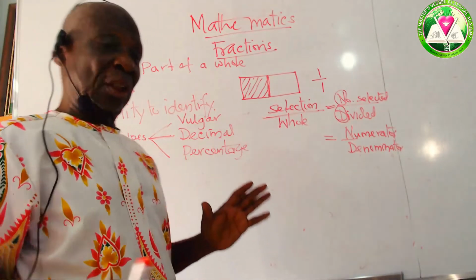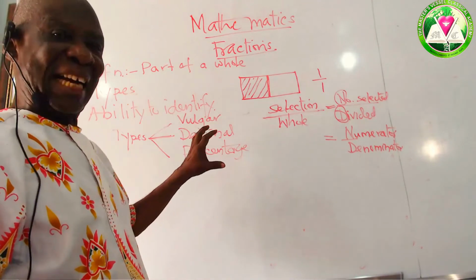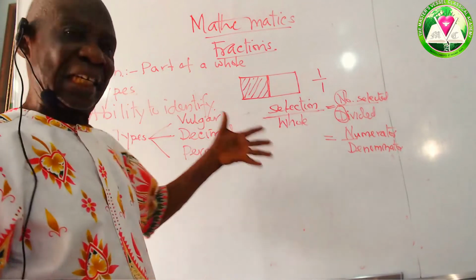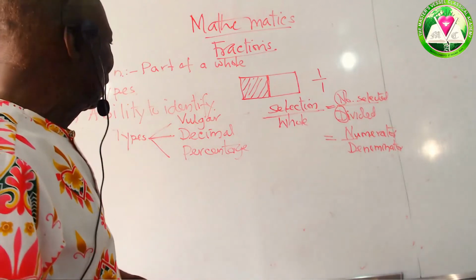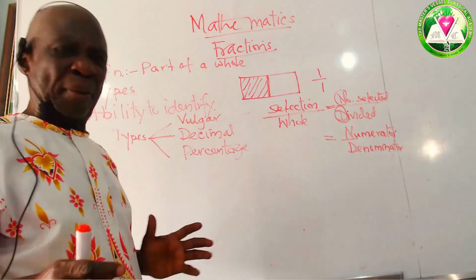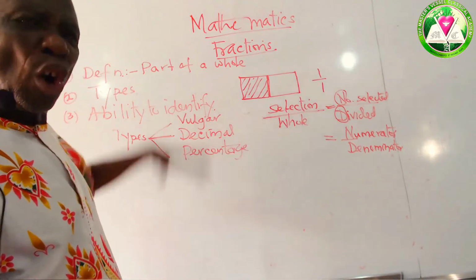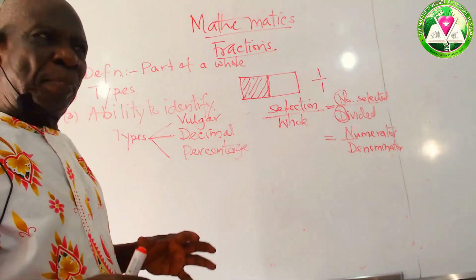The whole fractions in types can be broadly expressed as vulgar fraction, decimal fraction, percentage fraction. Now, because it's a very wide topic, we cannot go through all of them at a go. We'll take them bit by bit.